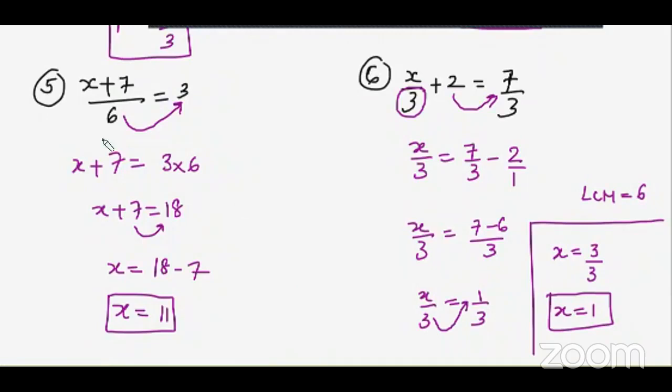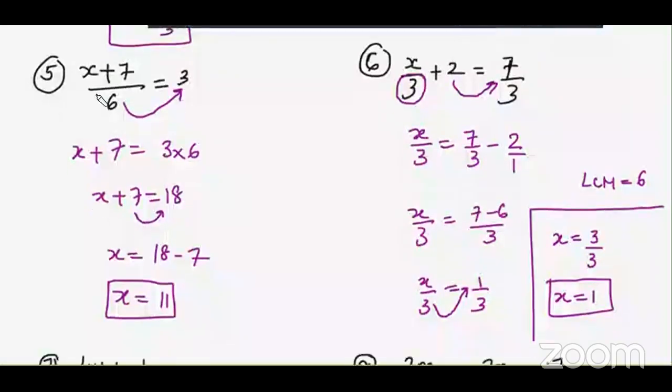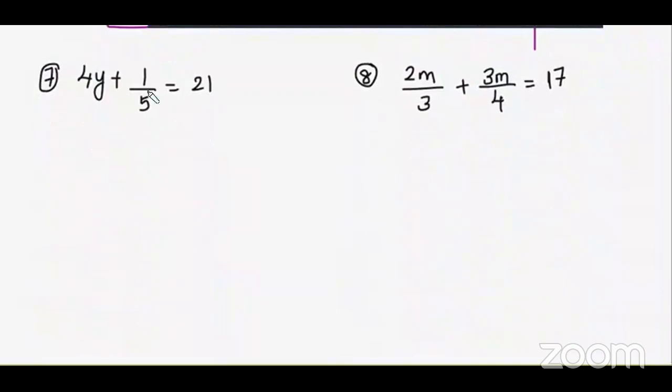Now again here, the 4 is multiplied only to the variable, right? It's not a common multiple. Therefore, we need to shift the 1 over 5 to the other side. Okay, so when you shift 1 over 5, it's going to be a subtraction, correct? So 4y equals to 21 minus 1 over 5. So what is our LCM? 5.